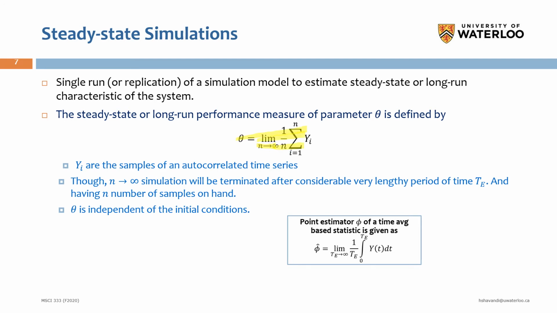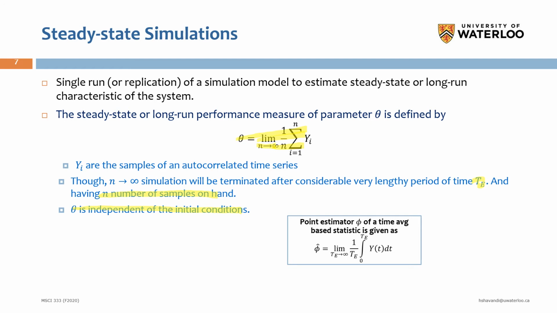But actually n is not infinite, because we need to terminate the simulation at some time TE chosen by the analyst. So at the end, we'll have n samples on hand, but we know that it will be a very large number, and theta is independent of initial conditions. Yes, it's long enough to eliminate the impact of initial conditions.